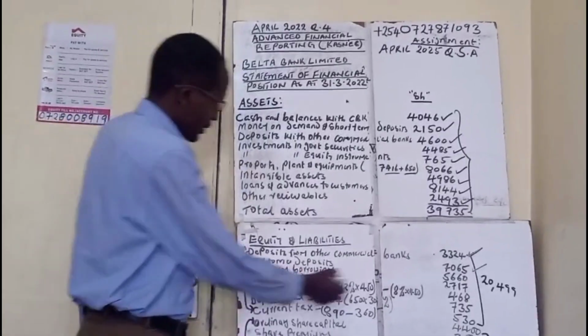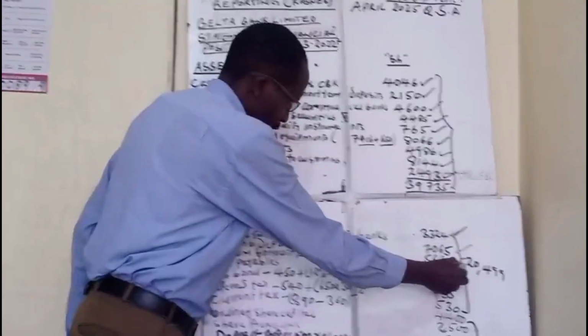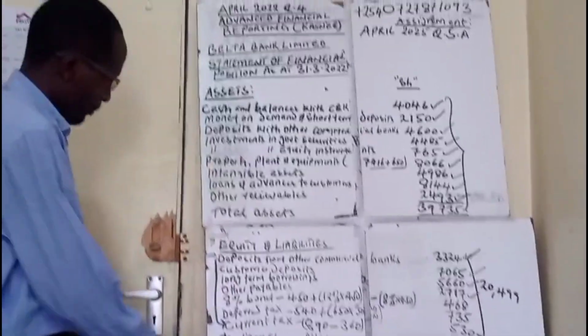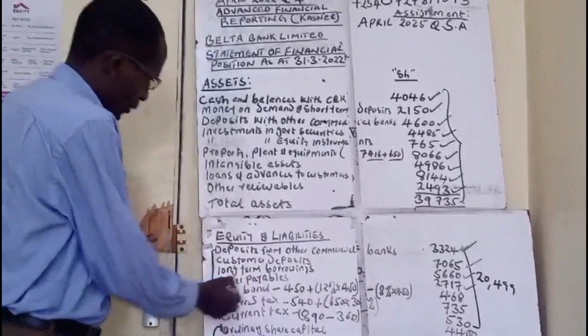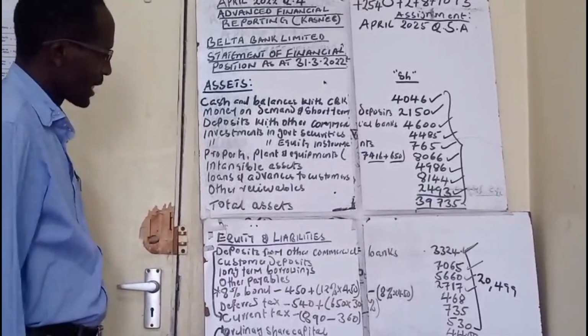Long-term borrowings, 5660. Other payables, 2717. 8% bond. Now this one is in the additional information, where we have done some adjustments.